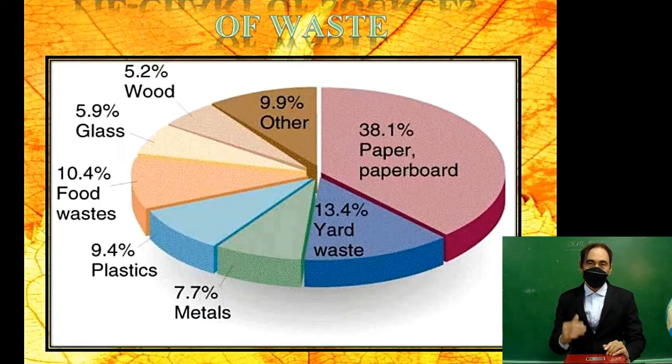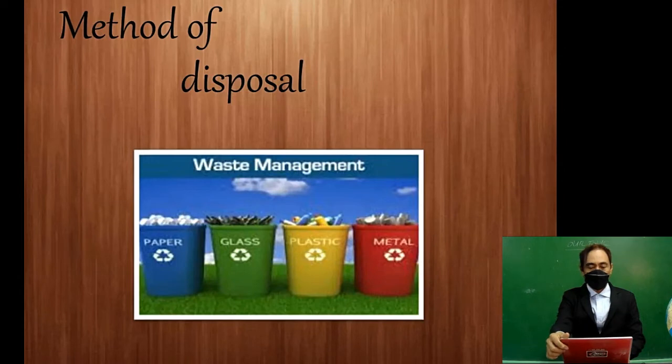Okay, so we must reuse or recycle these materials that we can still recycle in order to reduce the waste disposal. So here we go with how to dispose of our waste, the solid waste.